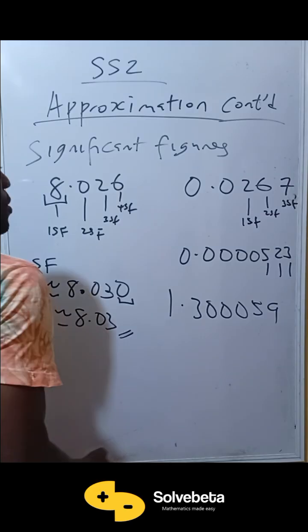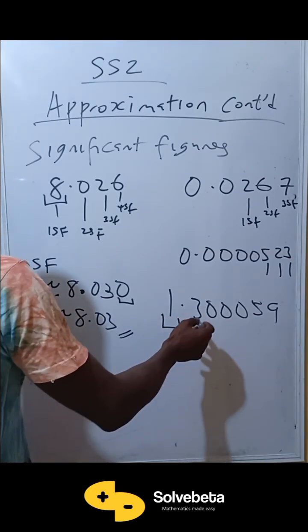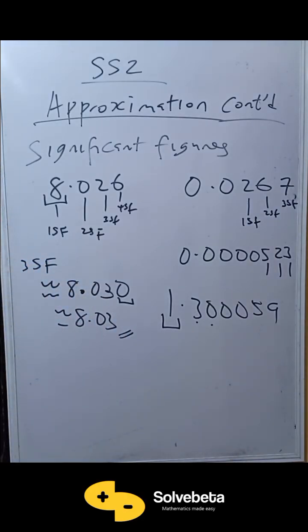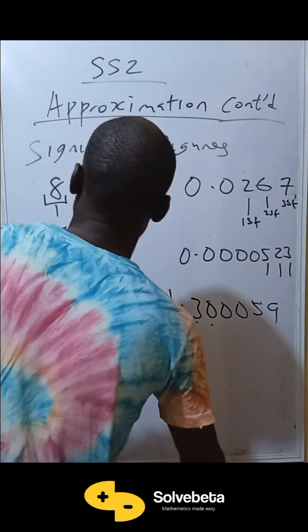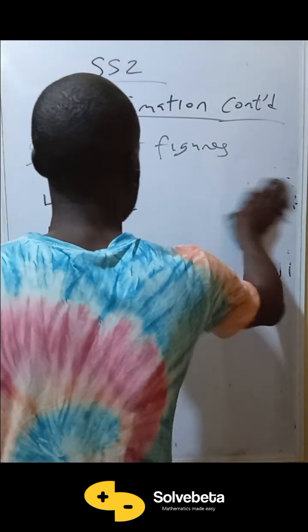It is 1. So it does mean that this will be the first significant figure, second significant figure, third significant figure, and so on and so forth. So please take note of that. That's the difference. And let me go into another example.